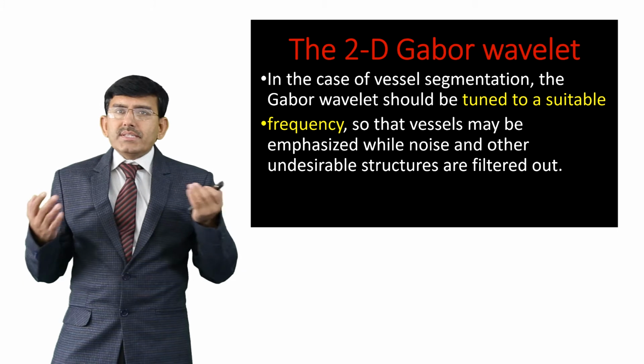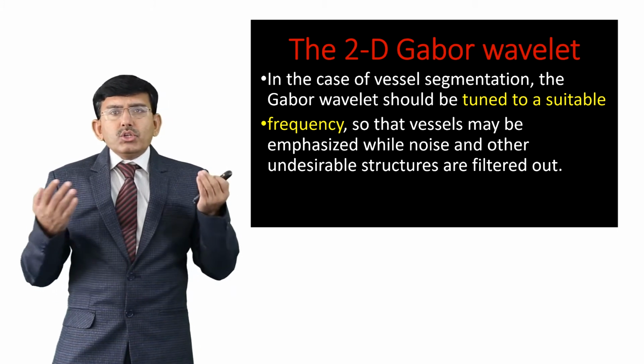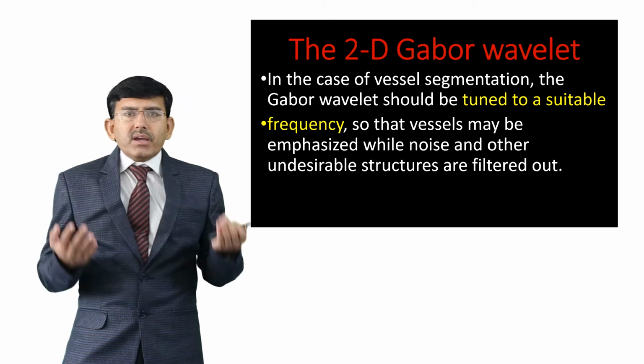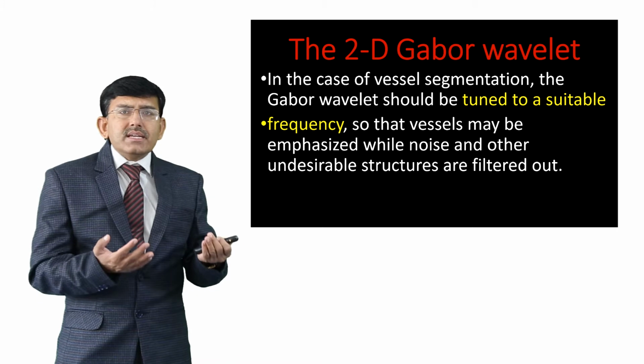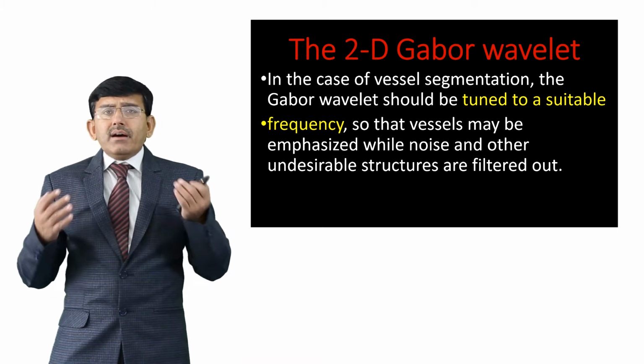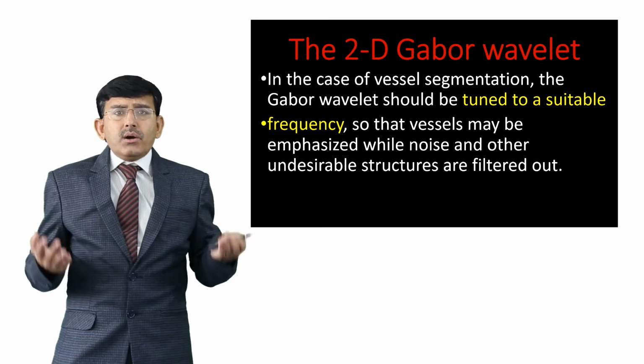In the case of vessel segmentation, the Gabor wavelet should be tuned to a suitable frequency so that vessels may be emphasized while noise and other undesirable structures are filtered out.